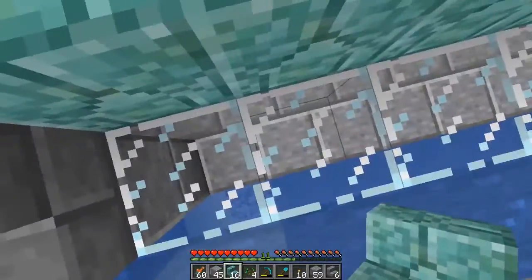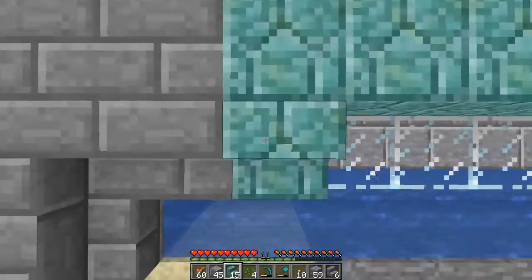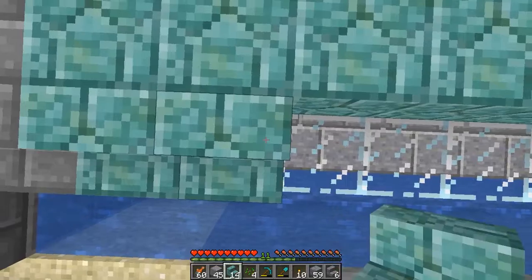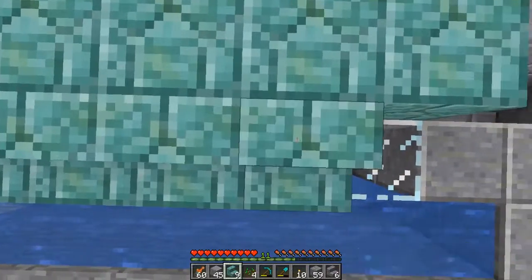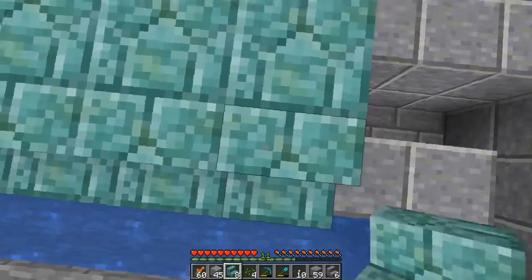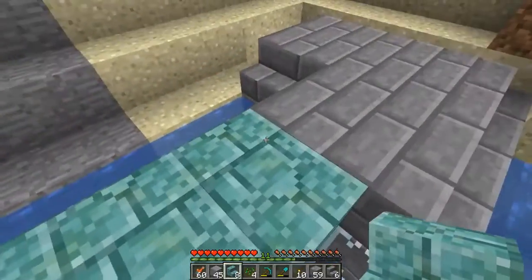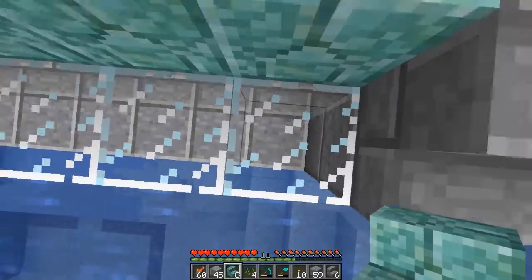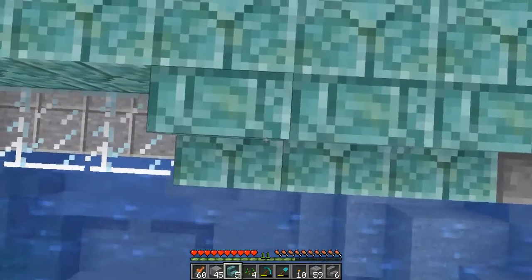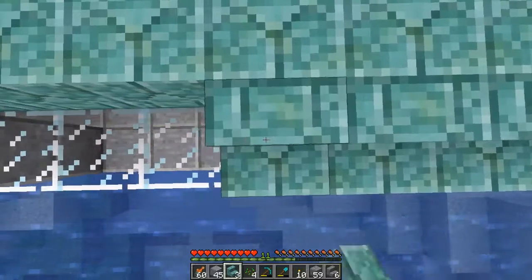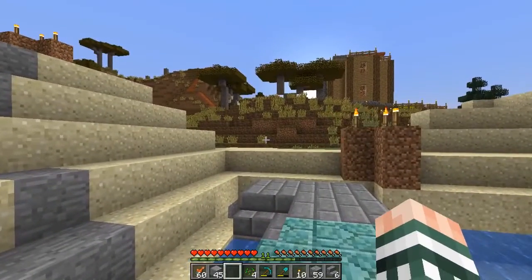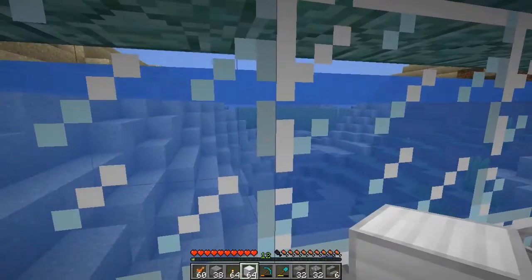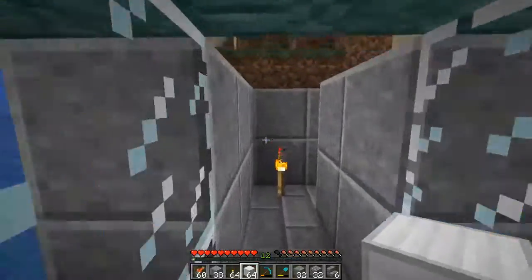After all the trouble I went to get the prismarine, I had to go and use this somewhere, right? 4, 5, 6, 7, 8. And then the same thing on this side. There we go. This section represented the realm of water.